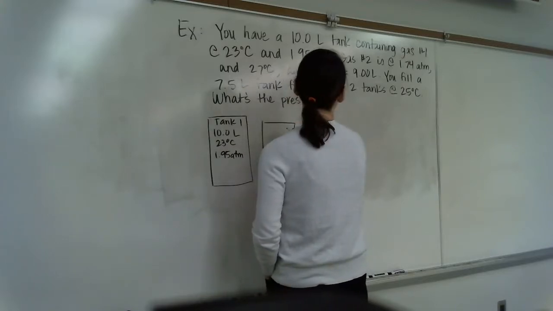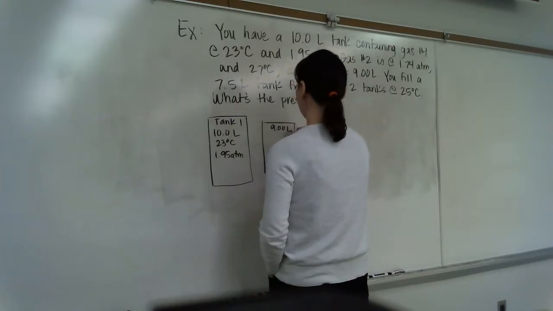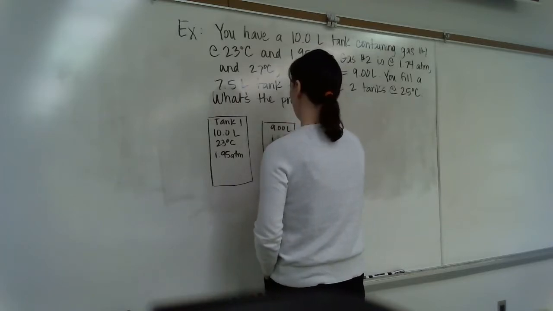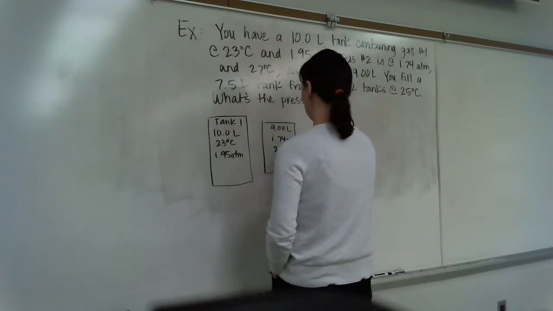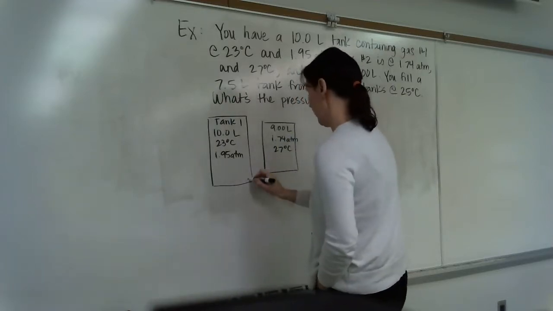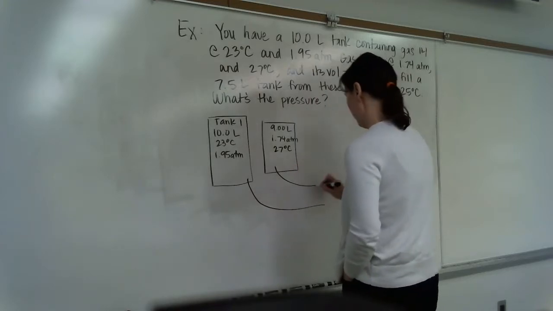What's its volume? 9 liters. It is 1.74 ATM, and it is 27 degrees Celsius. So we're going to mix them. So let's just draw ourselves a little schematic here.